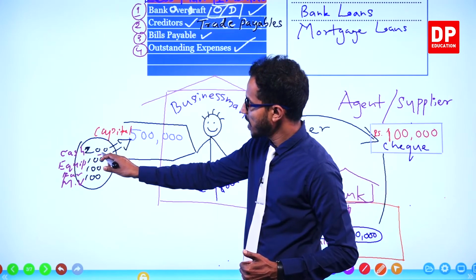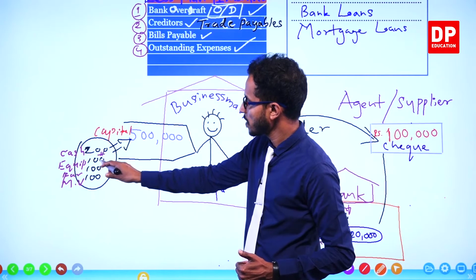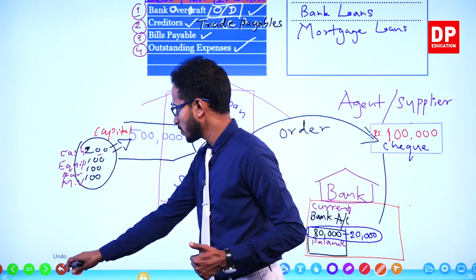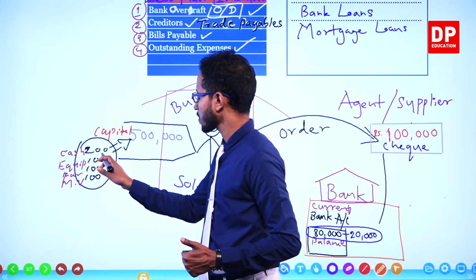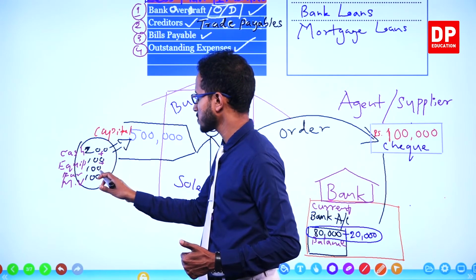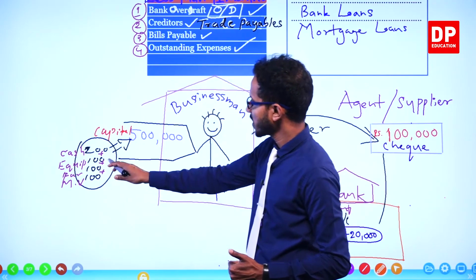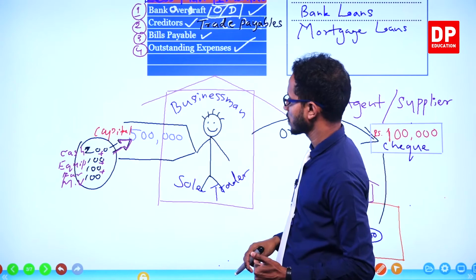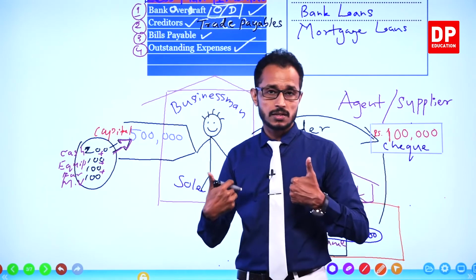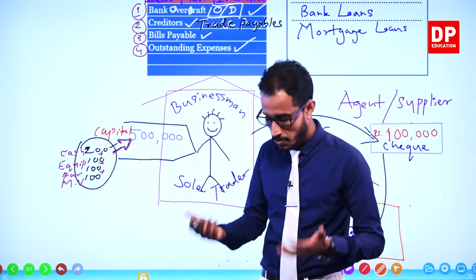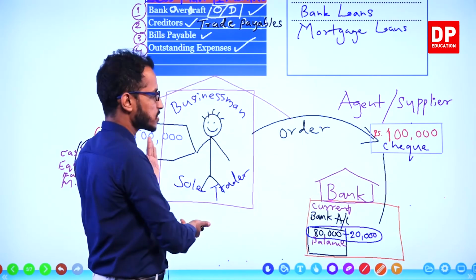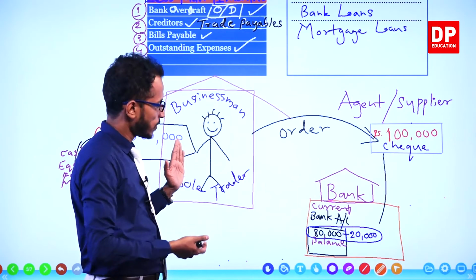So when we add up all the values, we get 500,000. That is my capital, children. That is my capital, which I have invested in this business. Okay.